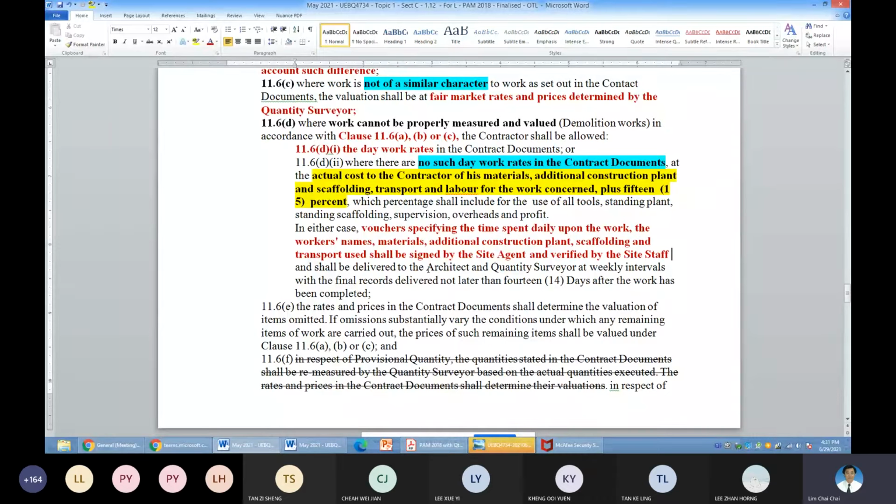If not, you send it back to the site for correction if you think there is something not correct. You never do it unilaterally. I repeat here, you don't do it unilaterally. You don't have that authority to do such a thing. Clear? So all these need to be delivered to the architect and the QS at weekly interval.